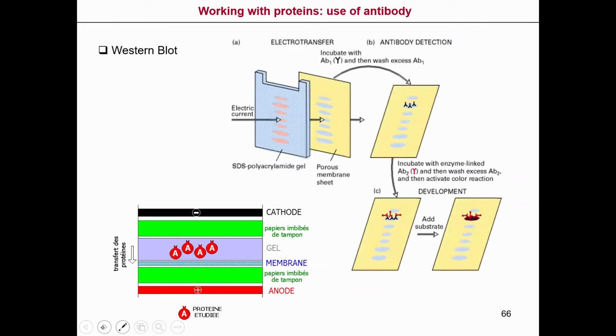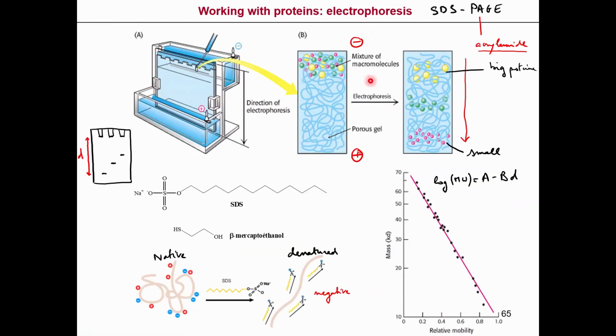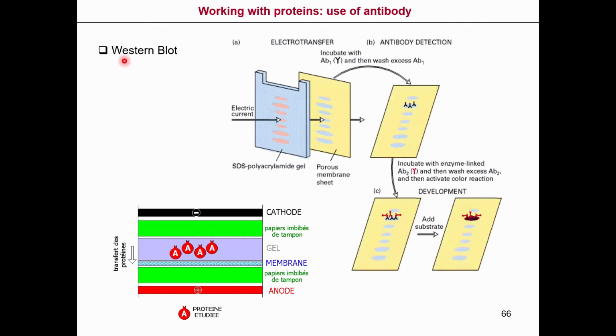Okay. After the SDS-PAGE, usually we make a Western blot experiment. We use antibody. So the first step is the electrotransfer. So you have the gel, the SDS gel. You will put a membrane. Usually it's cellulose or something like this.